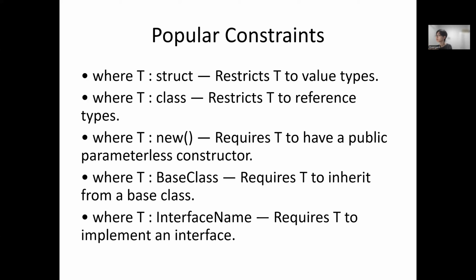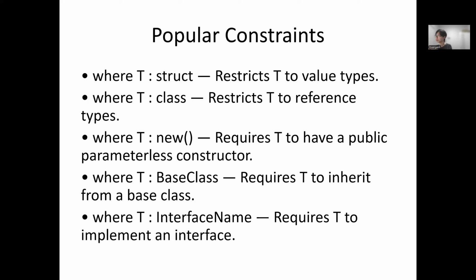The next one is class, which restricts T to reference types. That just means T can only hold reference types, like a class we make, or maybe string. You guys know that string is a reference type.